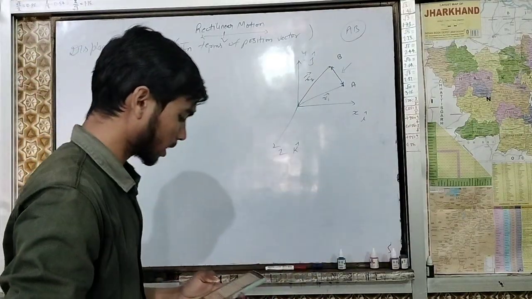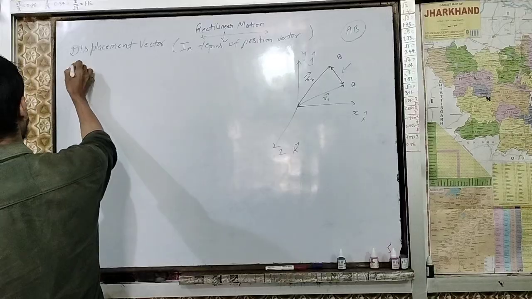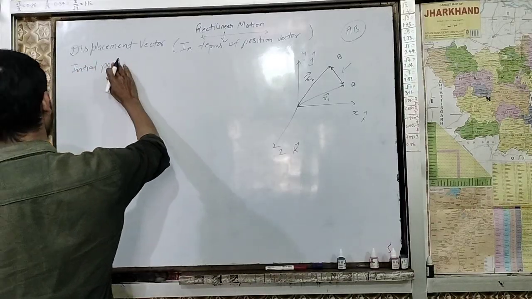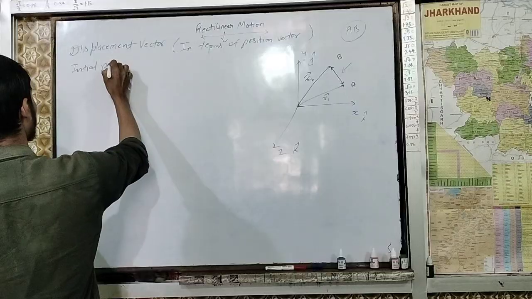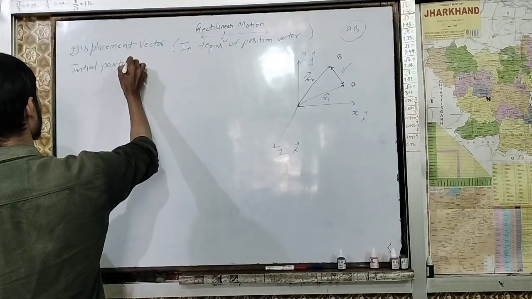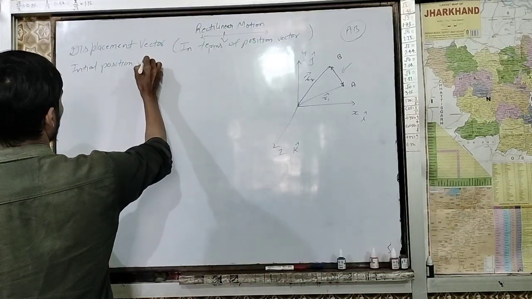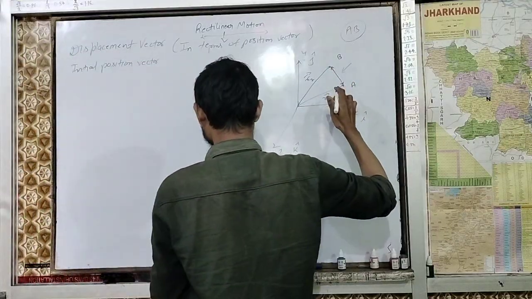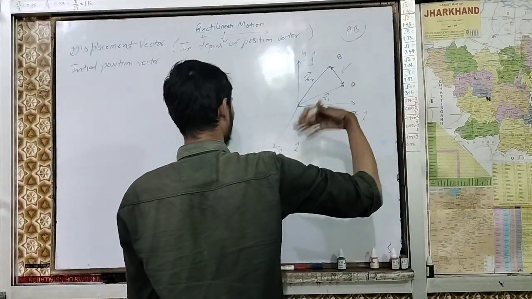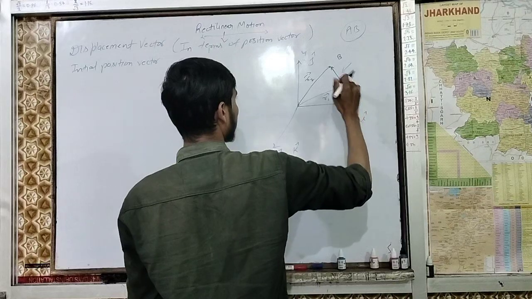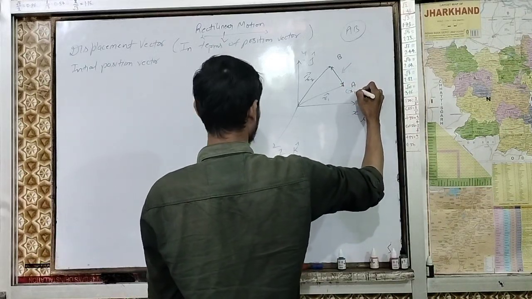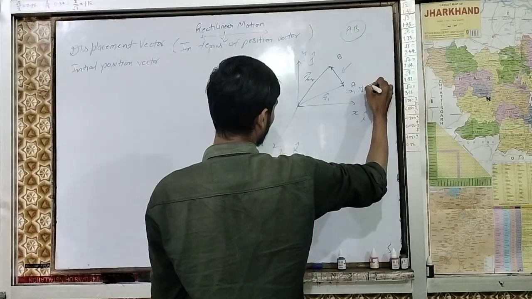So according to the triangle law of vector addition, the initial position vector, which is this, the coordinates of this A vector will be x1, y1 and z1.